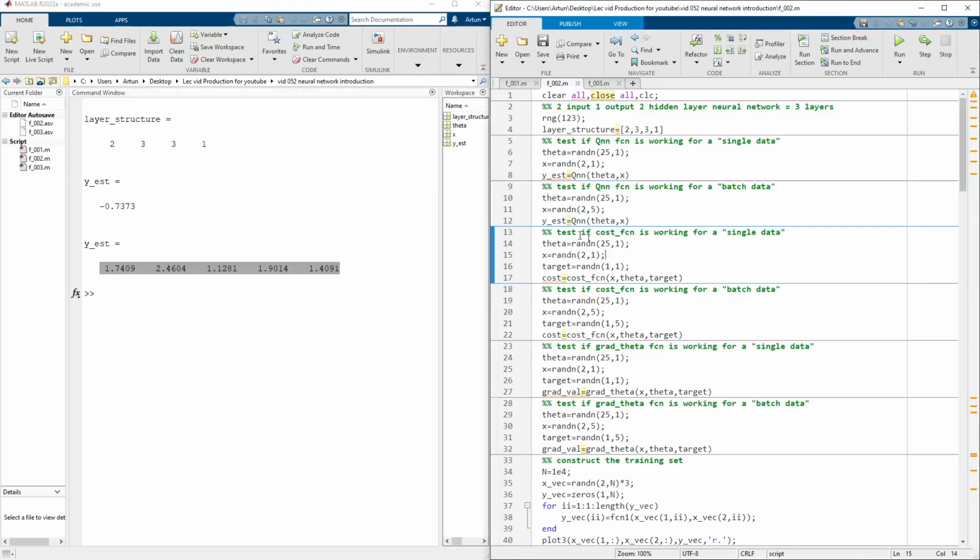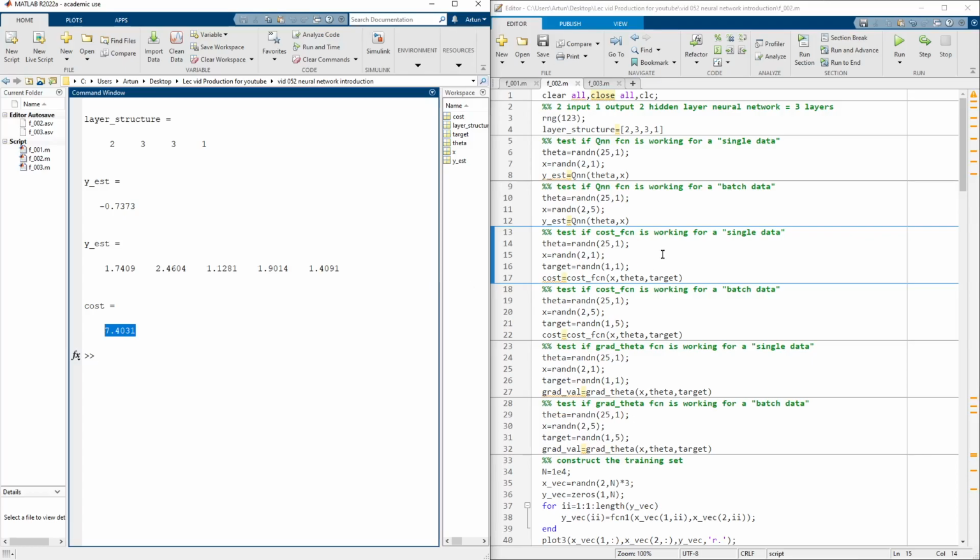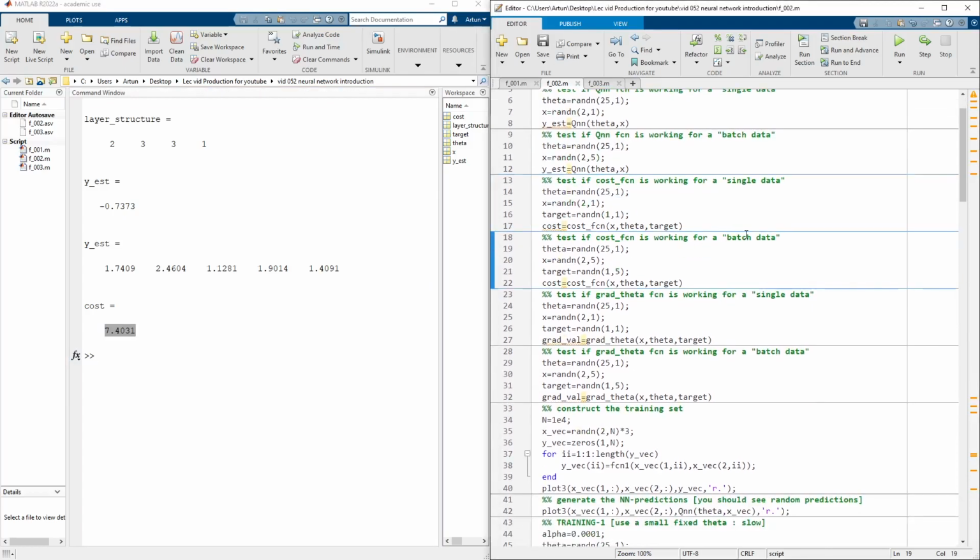All right, so it says test if cost function is working for a single data. Here this is theta, this is input, and this is target. We generate target values just randomly, just to see if the cost function is working properly. Okay, it's working. And again, this is for batch data.